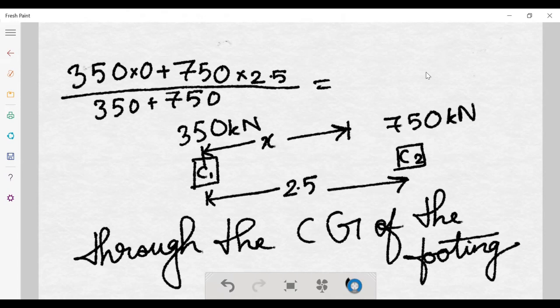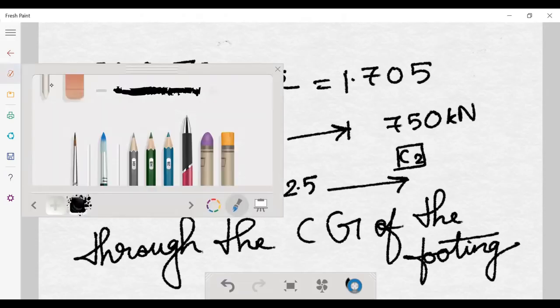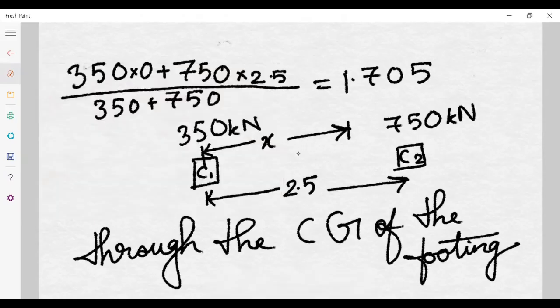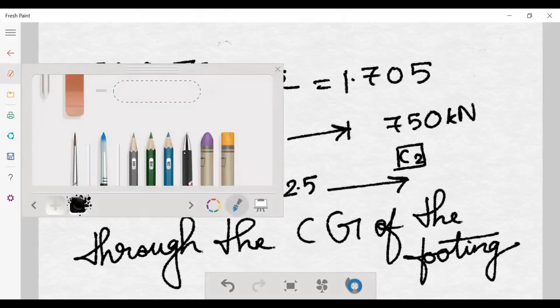It comes to 0.705 to be more accurate. So this X is actually 1.705.